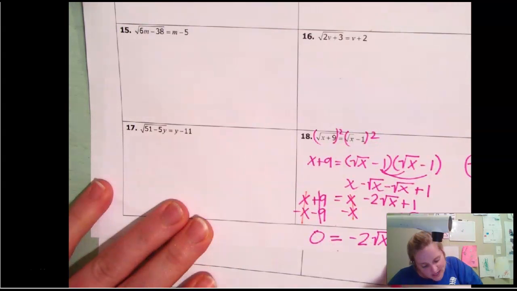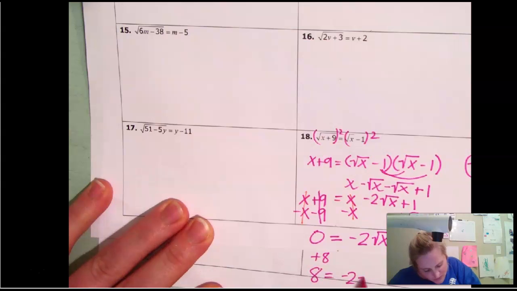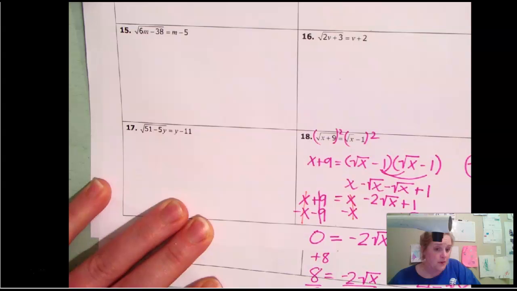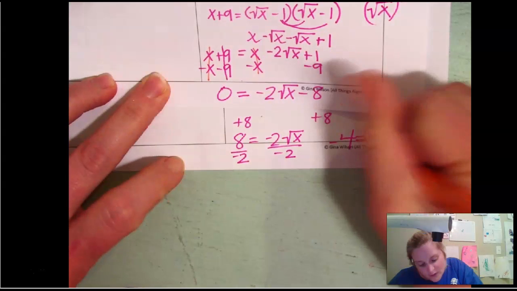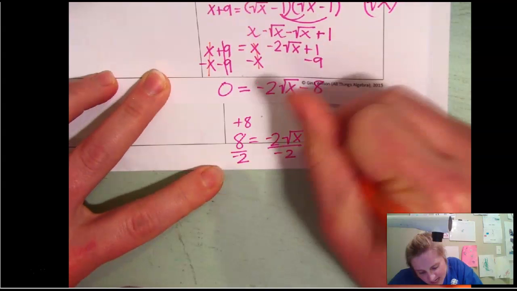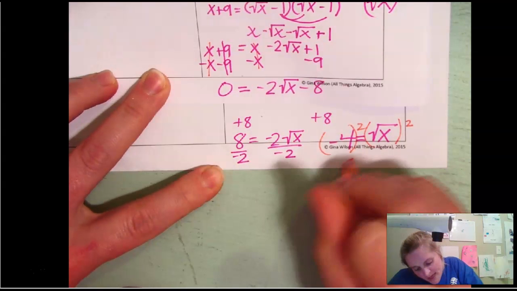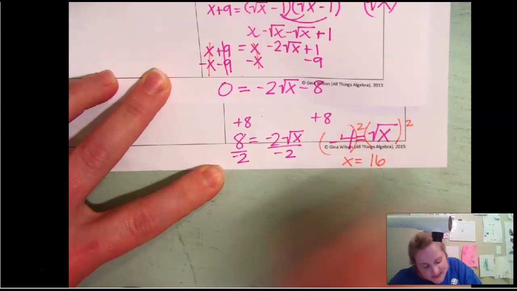So now I'm going to add 8. So 8 equals -2 square root of x. Divide by -2. So that gives me -4 equals the square root of x. So here we are again, trying to get rid of that radical. So I'm going to square both sides. So x equals positive 16.